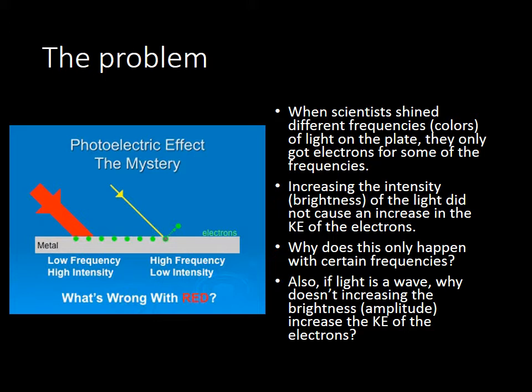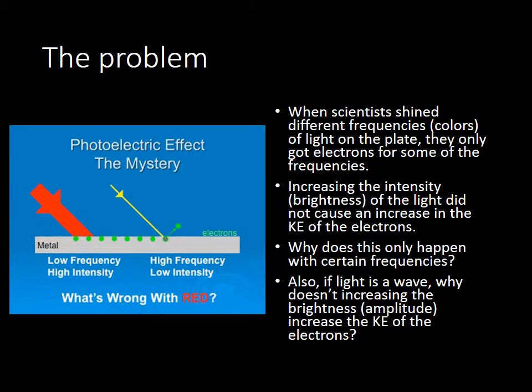Well, they figured that since light was a wave, if they increased the intensity of the light, the brightness of the light, how much light was hitting the plate, it wouldn't matter what the frequency was, that it should eventually cause the plate to eject electrons. Unfortunately, that's not what they saw.